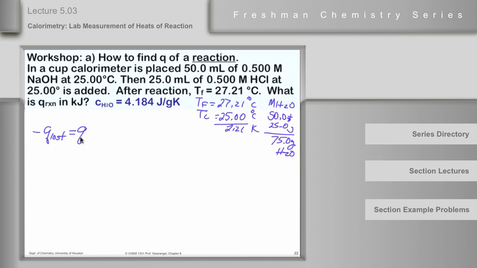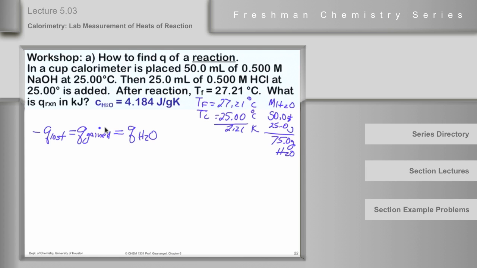Minus Q lost equals Q of the water. And of course, that's going to be C of the water times M of the water, the mass of the water, times delta T of the water in kelvins.